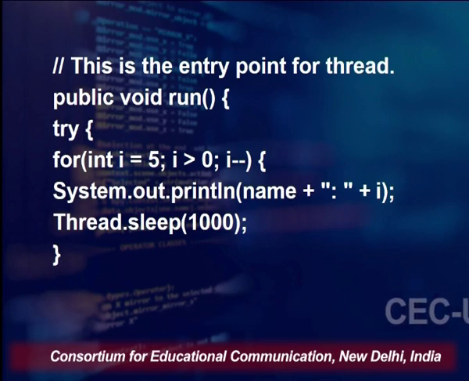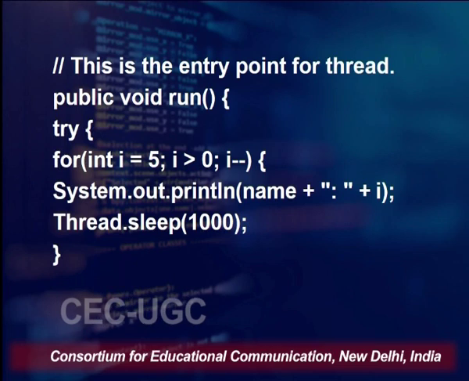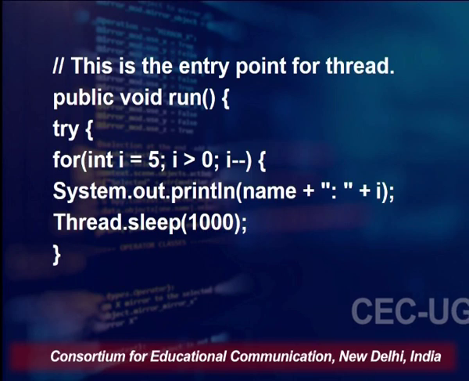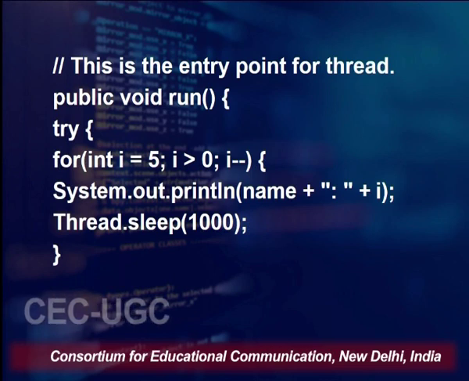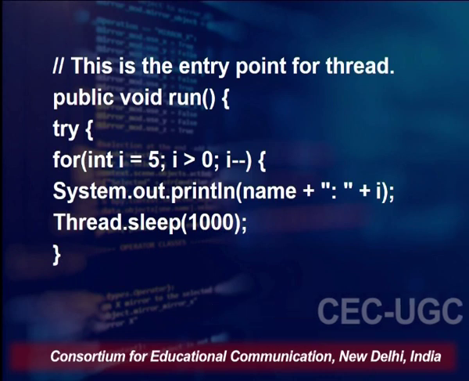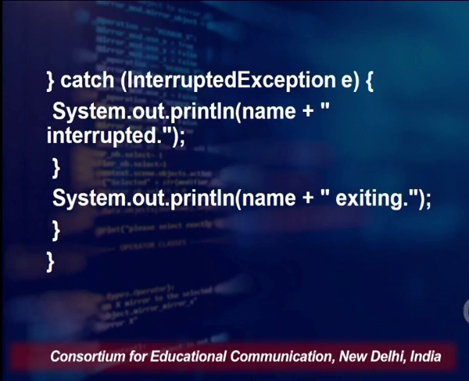The entry point for the thread is obviously the run method, and within this run method there is a familiar structure: i equals 5 down to 0, a reverse counter, making the thread sleep for 1000 milliseconds. Then we have catch InterruptedException e, the catch block corresponding to the try, and we print the name exiting.